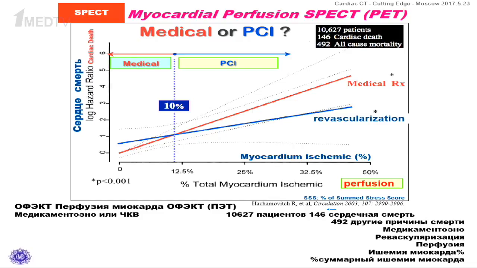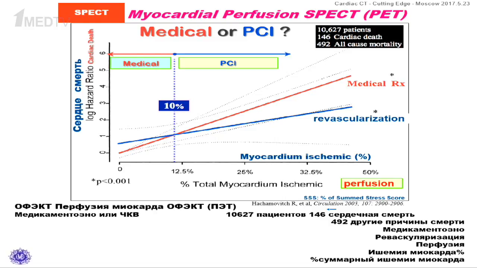This is also a very famous paper by Hachamovitch in Circulation 2003. The x-axis is the degree of ischemia, namely the summed stress score, and the y-axis is the log hazard ratio of the cardiac death.